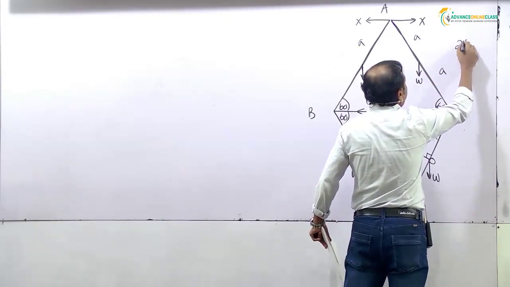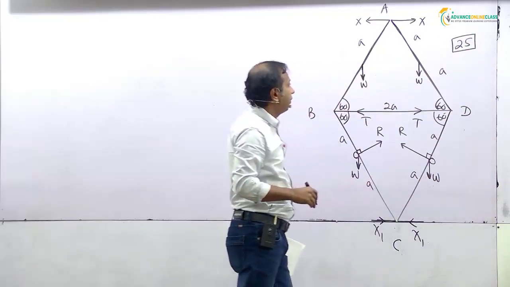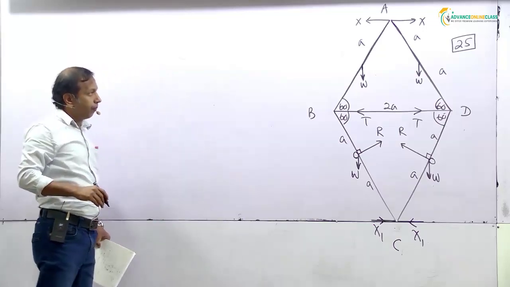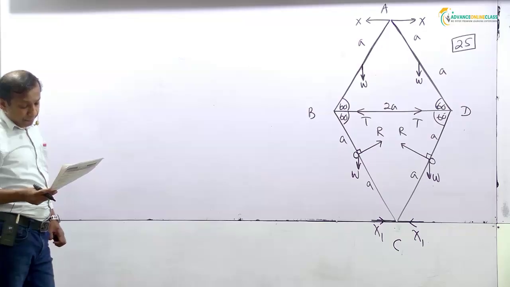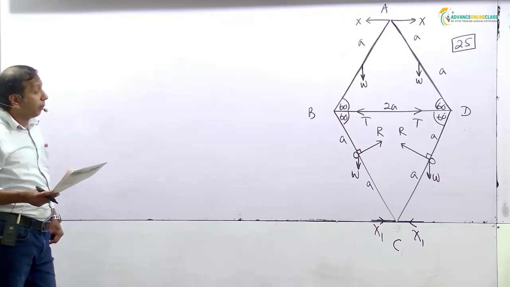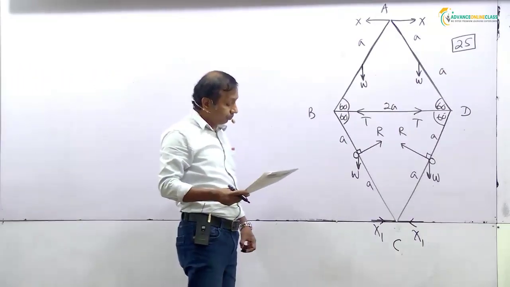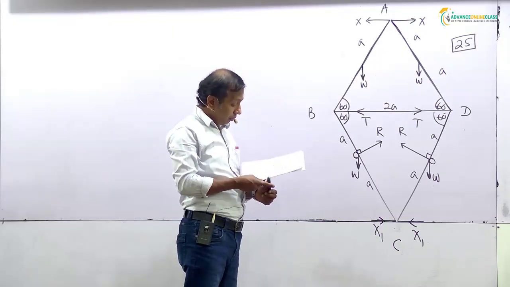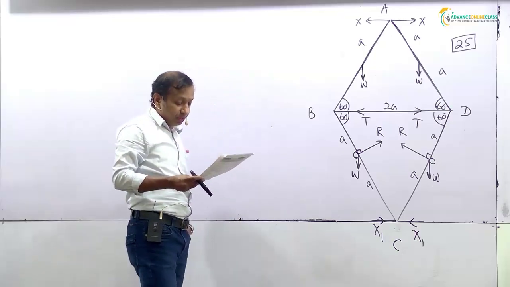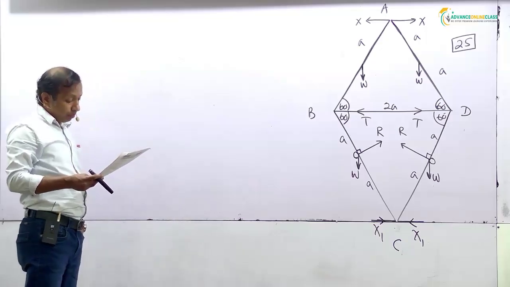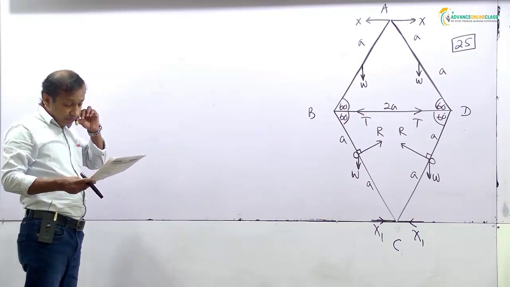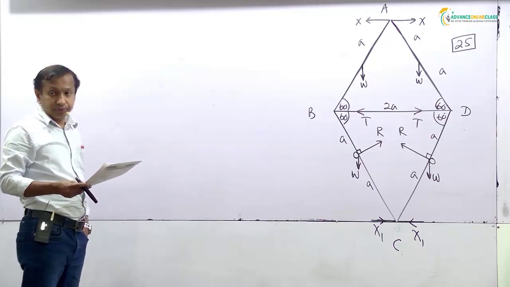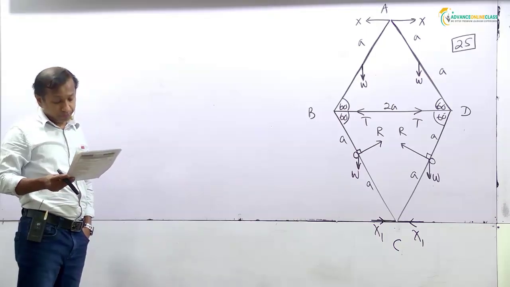Since you get 25 marks here, because all 100 marks should be shared, you must first write this: due to symmetry, reactions by the pegs are equal, and the reactions at A and C are horizontal. For that statement, 10 marks.